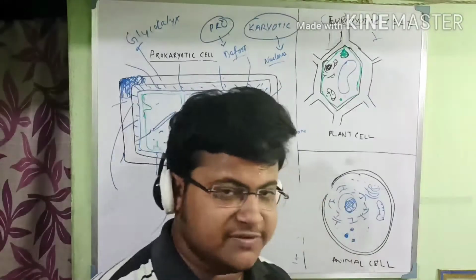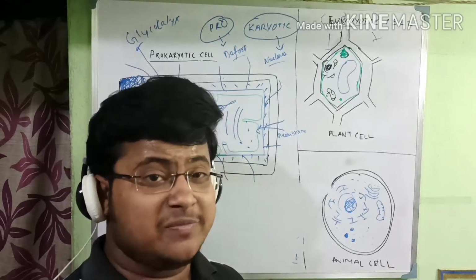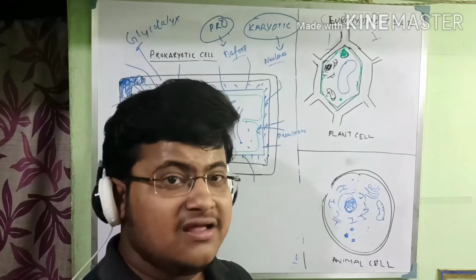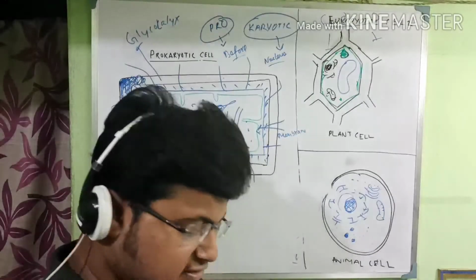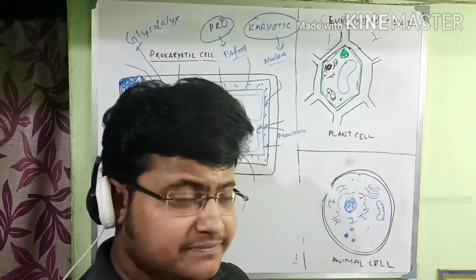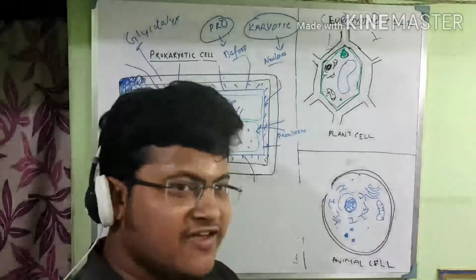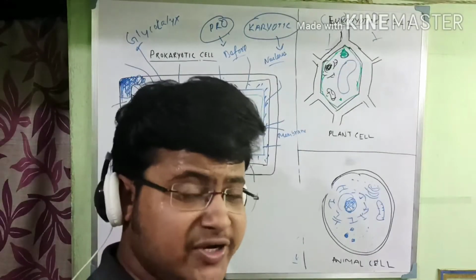Actually, gram-positive bacteria form a thick and rigid layer of peptidoglycan, while in gram-negative bacteria there is a very thin and smooth deposition of peptidoglycan.